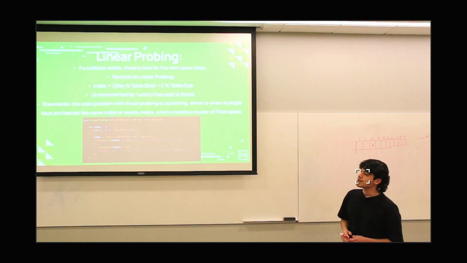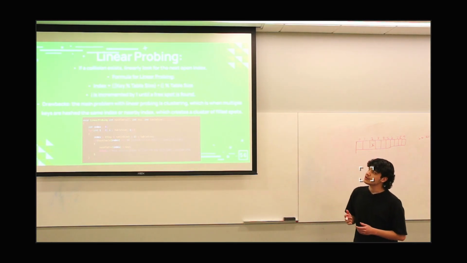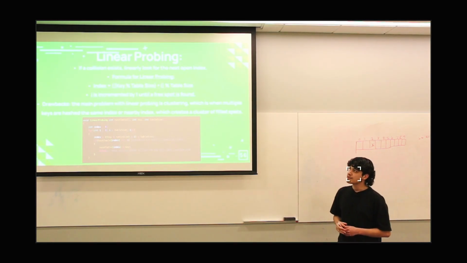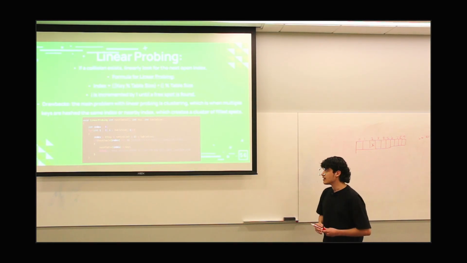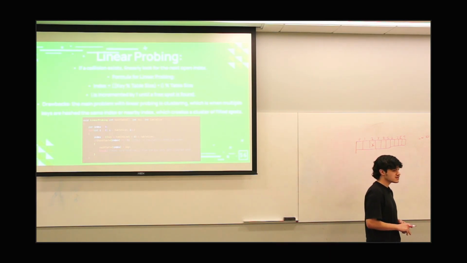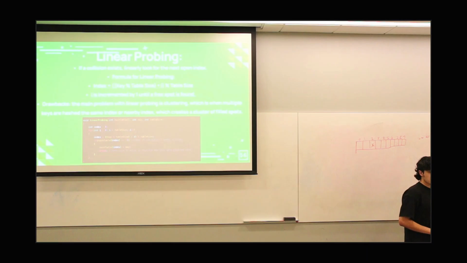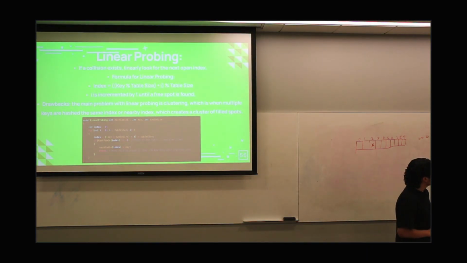We find our index by doing key modulus table size, but this time we include i. Does anybody know what i would be in this case? If at any point we encounter a collision, we will look for the next open spot, right? So our i is incremented by 1 until a free spot is found.